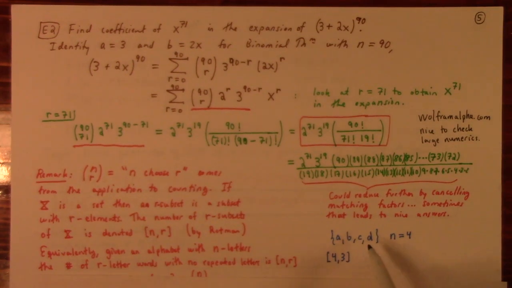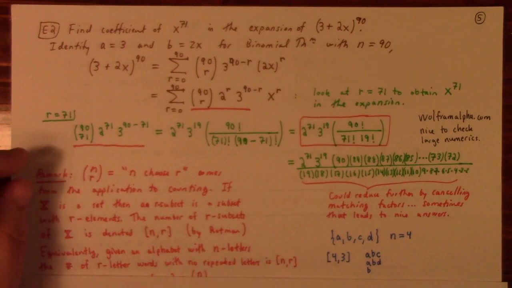That's easy enough. So what are the 3-letter words with no letters repeated? So you could have ABC, you could have ABD, right? You could have B, let's see here.